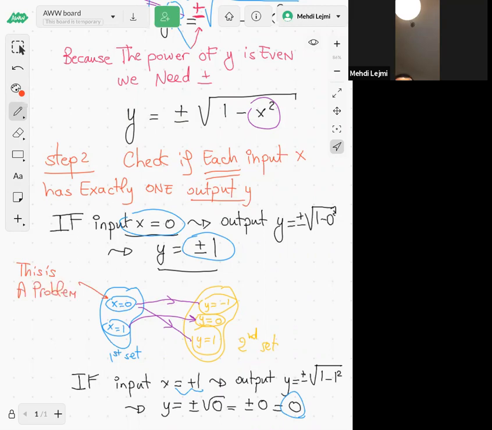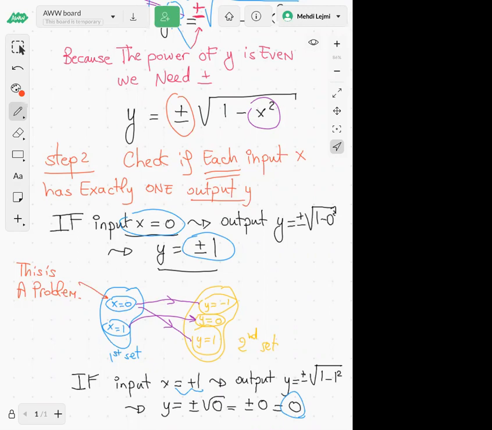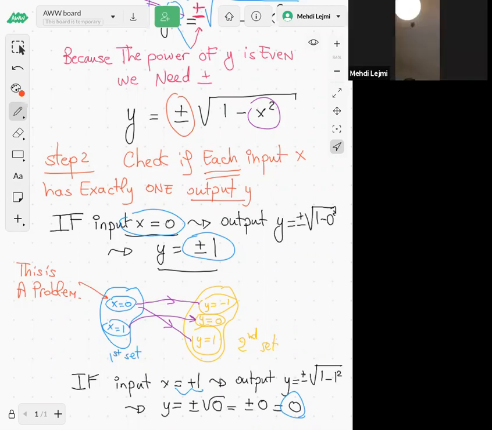All I'm saying, guys, is that because of this plus or minus, in general you're going to have two possible outputs. I said X is 0, but let's say X is equal to a half, or 1/3, or whatever. You take the square root and you have this plus or minus, and unless it's plus or minus 0, it's going to be two different values.